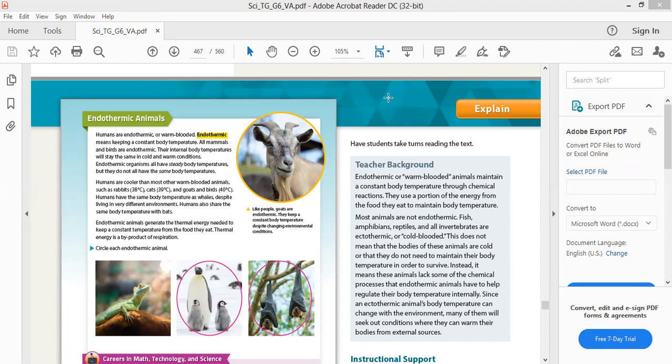The endothermic living things are the living things that can keep a constant body temperature, like us, like humans. When you go out, on a very hot day or even a very cold day, our temperature inside will stay the same if we are not ill and if we are normal.